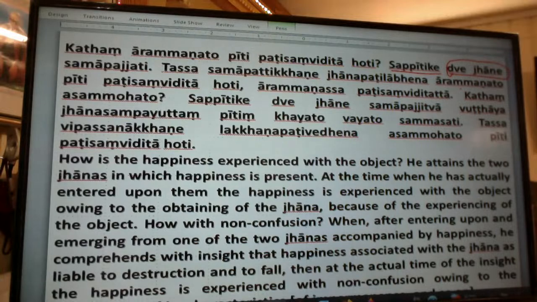The first jhana is vitakka, vicara, piti. Piti is together, so the first jhana is sapitike, with the piti, isn't it? Understand? Then the second jhana is also with the piti. The third jhana also with the piti, isn't it? But the fourth jhana, no. Fifth jhana, no.